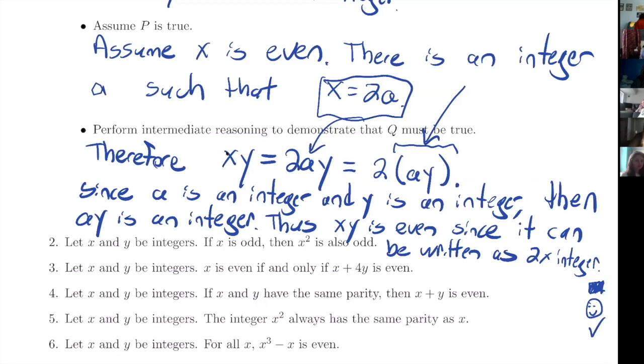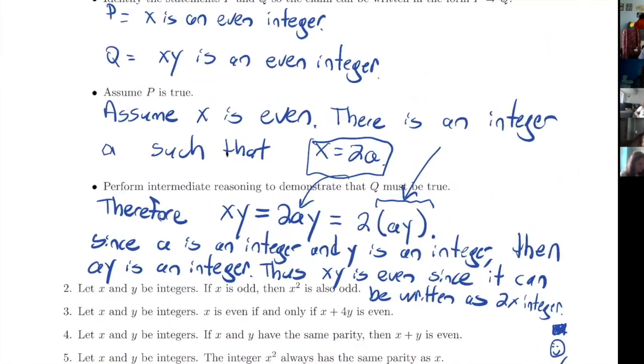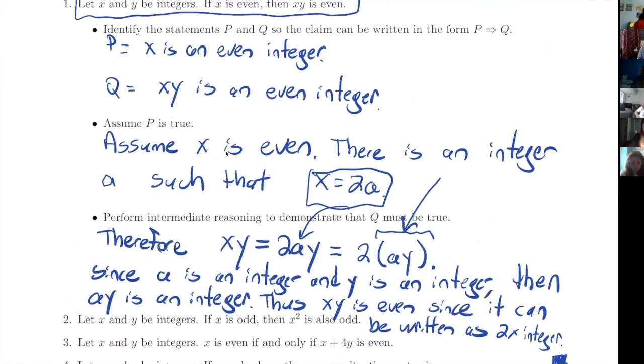So I think what is really common to hear when dealing with proofs or math problems in general, but particularly proofs, is, I'm having a hard time knowing what is the first step that I should do. And that can be tricky. It's going to be different depending on the statement that you're trying to prove.